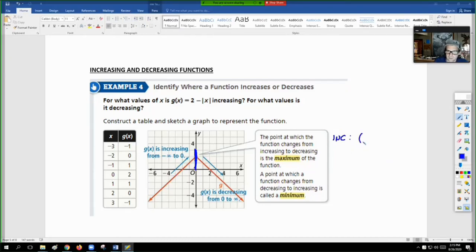That is where we get the change. So from negative infinity to 0, we are increasing. And then we can say it's decreasing. Well, it decreases from 0 all the way over to infinity. There you go. So that's how we'd write it in interval notation.